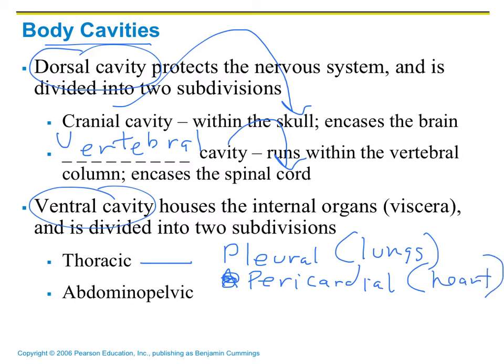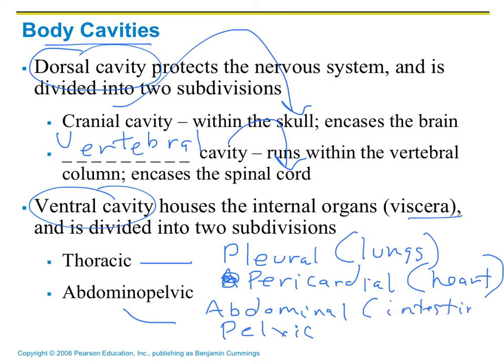And the abdominal pelvic cavity is divided into, relatively obviously, the abdominal cavity and the pelvic cavity. In the abdominal cavity, you find the viscera here, the digestive organs, like intestines, for example. And in the pelvic cavity, you have the bladder and the reproductive organs.